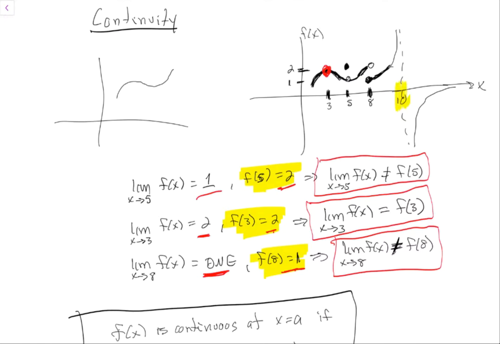So if I have a vertical asymptote at the function, or if there was just a hole where we don't have a definition, then the function value isn't even defined. So when we look at x equals 10, we fail everything. The limit doesn't exist from the left or the right, and the function value isn't even defined in that case.